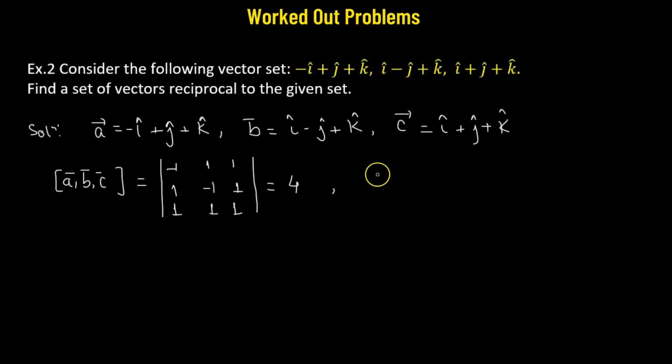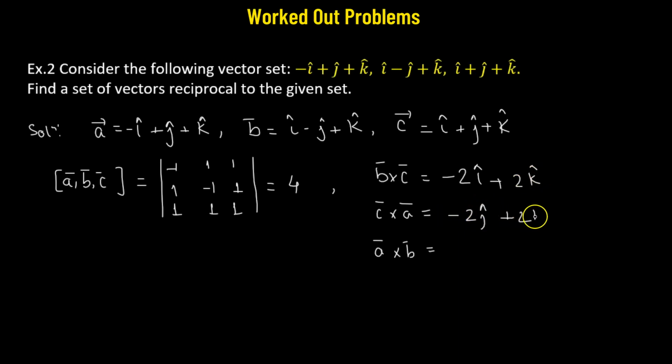So we will also need to find out the values of B cross C, C cross A, and A cross B. B cross C will be -2 i cap plus 2 k cap. The value of C cross A will be -2 j cap plus 2 k cap. And the value of A cross B will be +2 i cap plus 2 j cap.